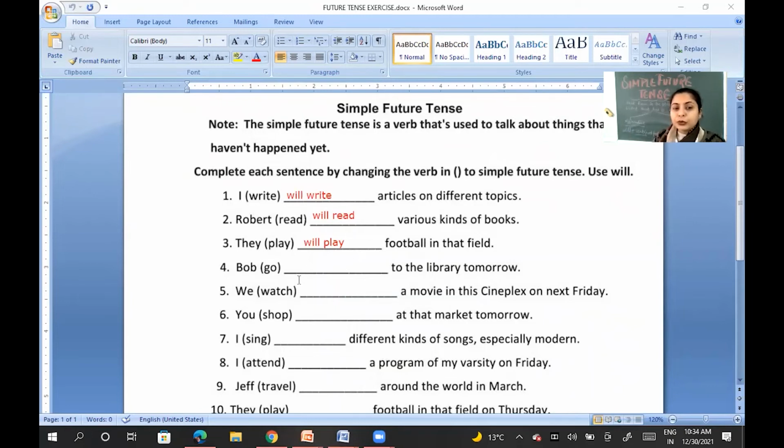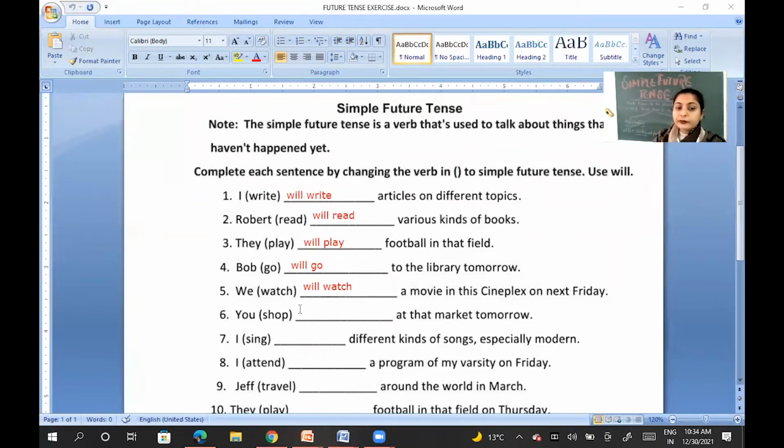Now number 4, Bob goes to the library tomorrow. Now we will simply add will: Bob will go to the library tomorrow. Simply by adding will, we are changing the sentences into simple future tense. We will watch, no spelling change, we will watch a movie in this Cineplex next Friday. It means the Friday that has to come in the future.